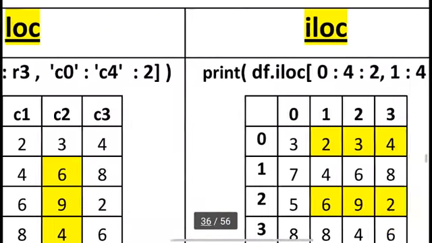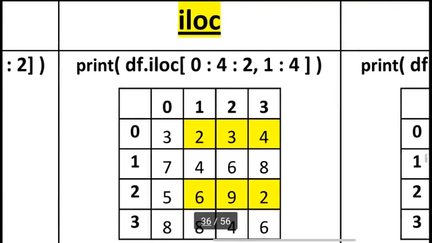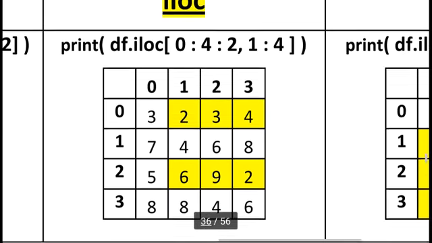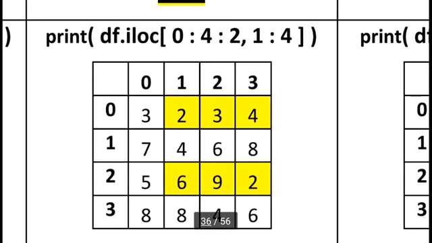The same thing we can perform with the help of iloc, but we know very well iloc is only for the default label index or default label column index. So here you can simply see 0 colon 4 comma, which means all the rows: 3 2 3 4, 7 4 6 8, 5 6 9 2, 8 8 4 6. But here I am mentioning 0 colon 4 colon 2. Colon 2 means skipping one row.